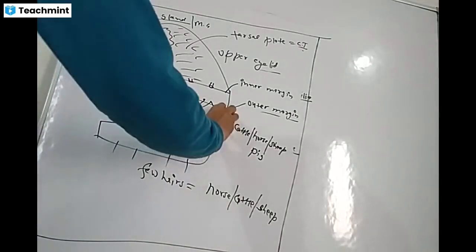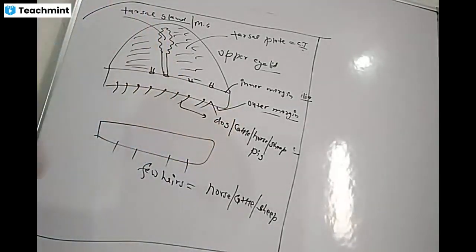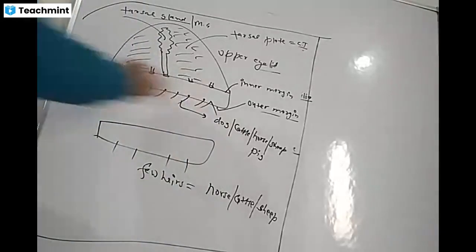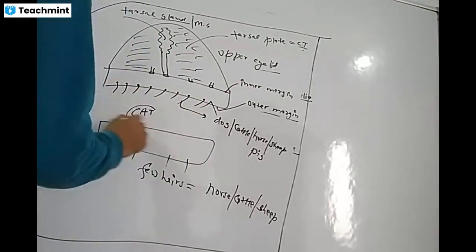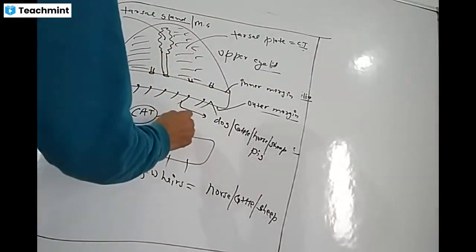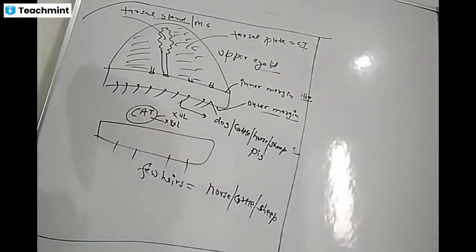So dog is written here. It means the dog is having eyelashes in upper eyelid, not in lower eyelid. In these two examples, which species is not written? Cat is not written. It means cat does not have hairs on upper lid and lower lid.